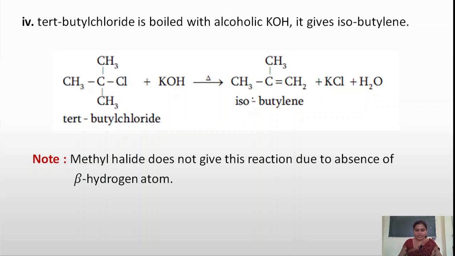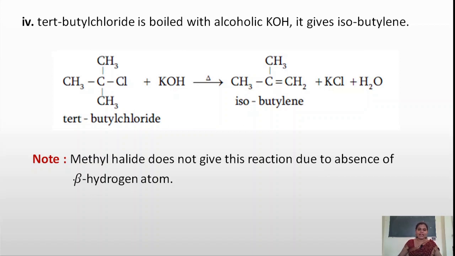Here CH3CCH3 is formed, with removal of 1 hydrogen atom from the beta carbon. CH3CCH3 double bond CH2, KCl and H2O are formed as byproducts of this reaction. So in the case of tertiary butyl chloride, there are 3 hydrogen atoms, but the product of the reaction is the same.